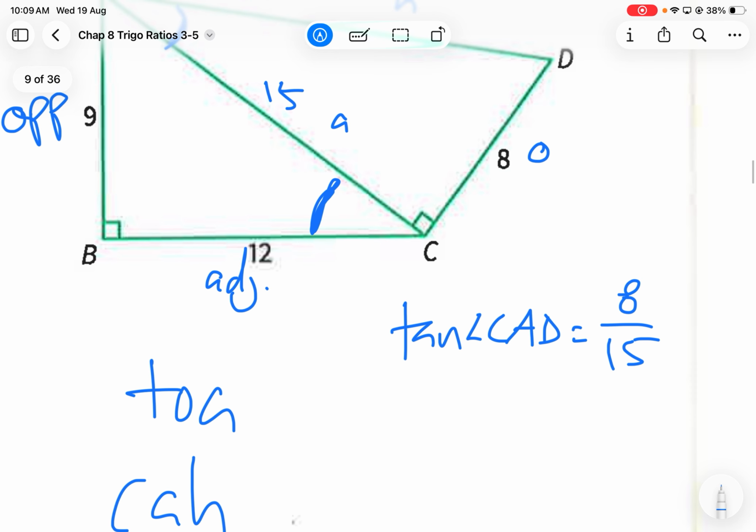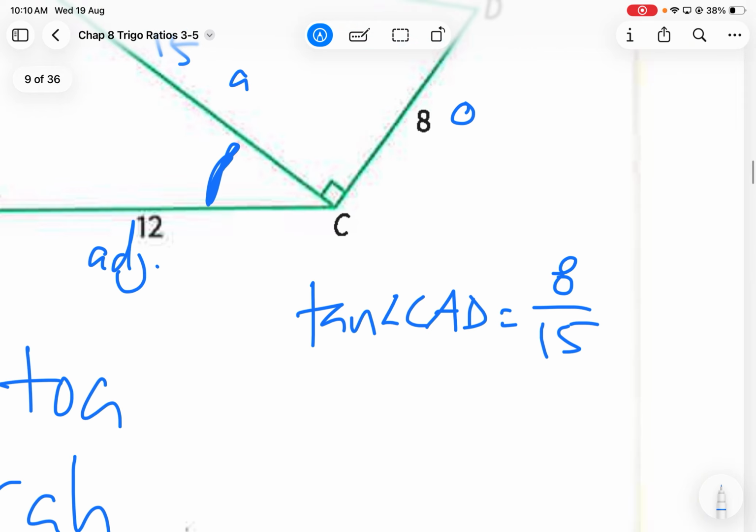Okay, so same thing. I want the angle. The tangent of the angle is 8 over 15, but if I want that angle, I need to remove the tangent. So I remove the tangent by taking tangent inverse on both sides.